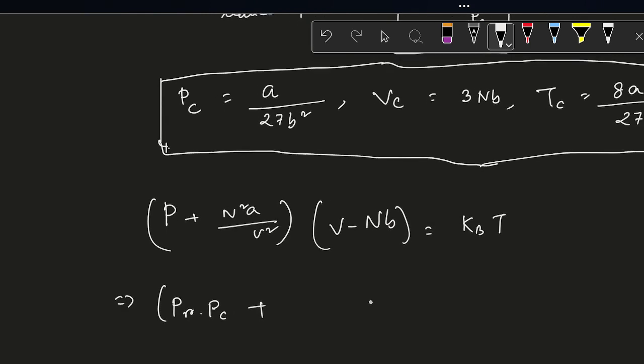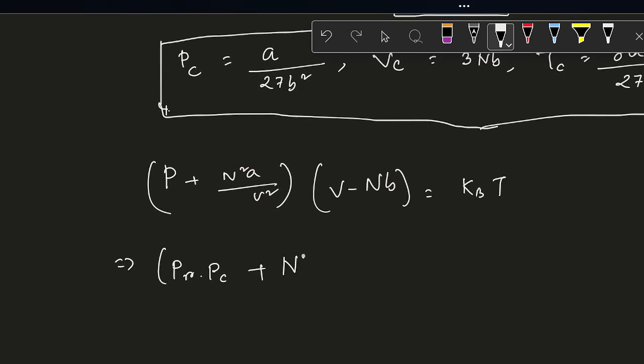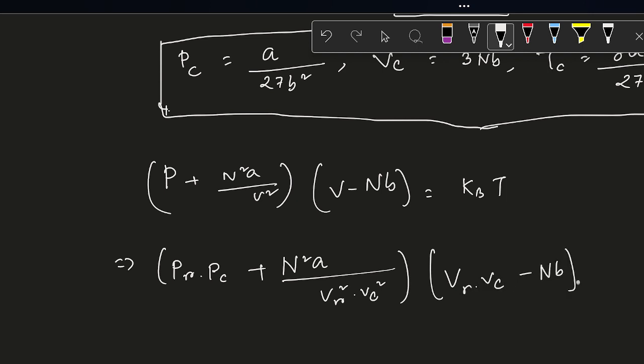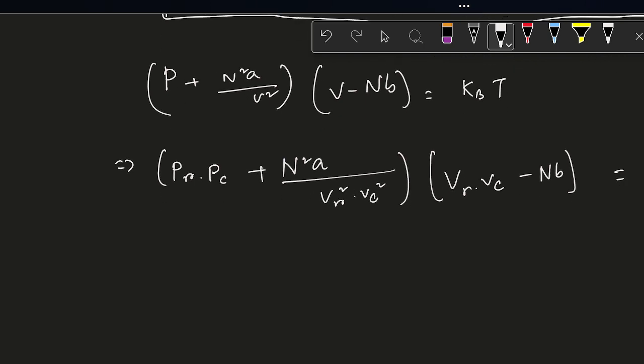So let us substitute that in our main equation: N squared A, this V will now be VR squared into VC squared, this P will be PR into PC, then V will be VR into VC minus NB, equal to KB TR into TC.